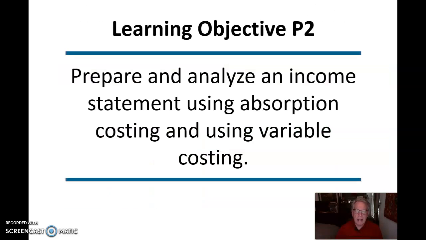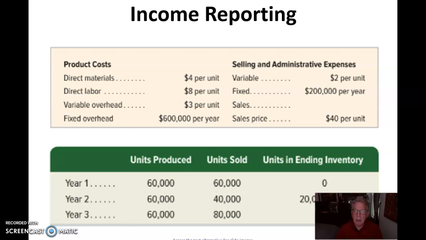All right. So let's look at an income statement using absorption costing and using variable costing. So here, our same example, except that we have $40 of selling price per unit.